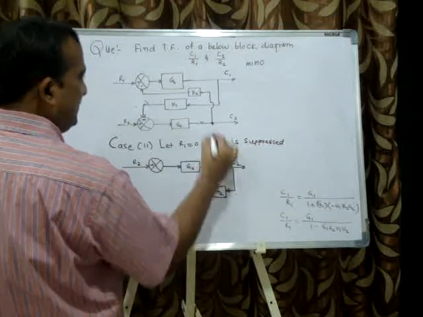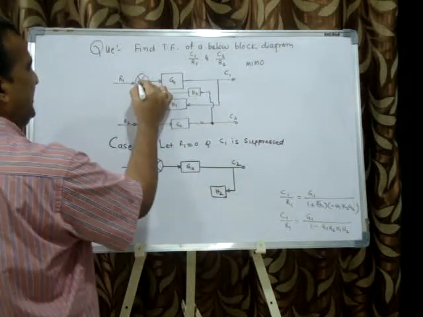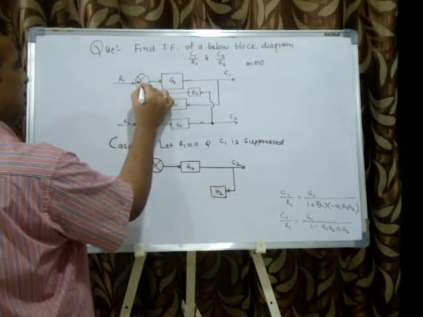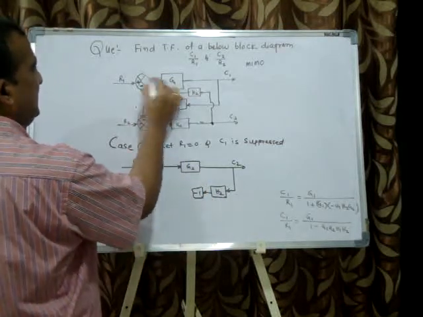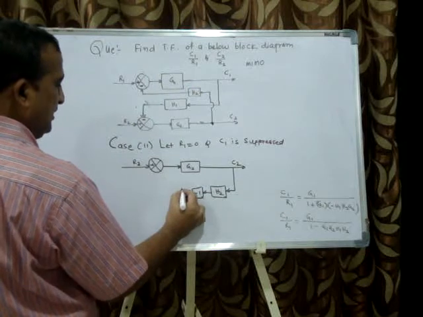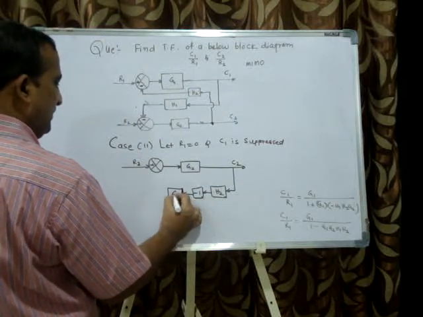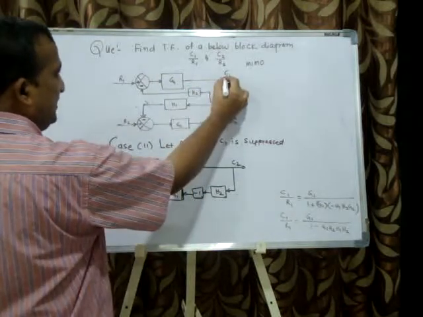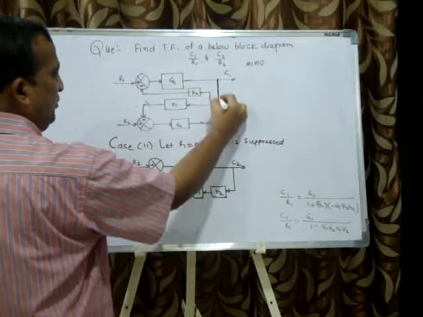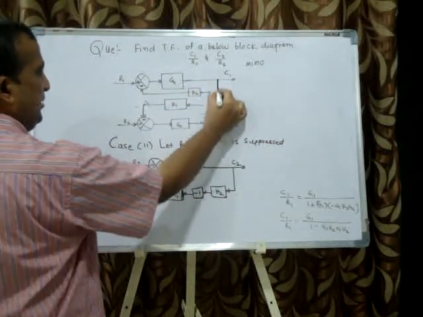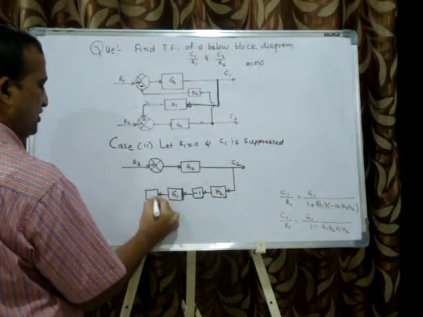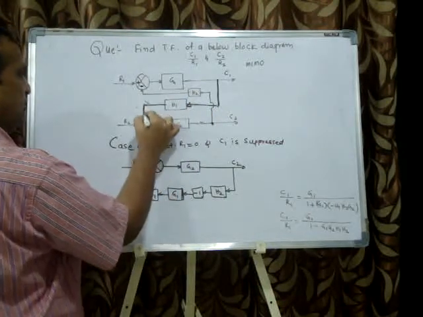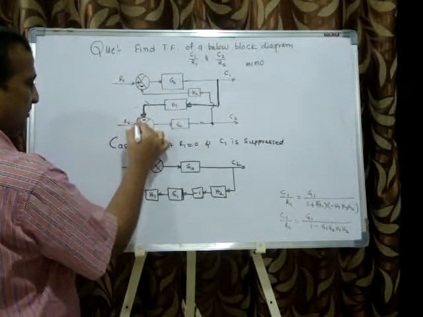From this take off point, it goes to H2. Here R1 is 0, but a minus sign is there, so I will take a minus 1. Then minus 1 to G1. C1 is suppressed. Then G1 to H1. From H1, negative feedback goes to this summing point.